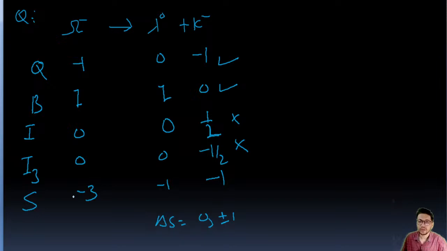This delta S value is ±1, right? This means this is by weak interaction.